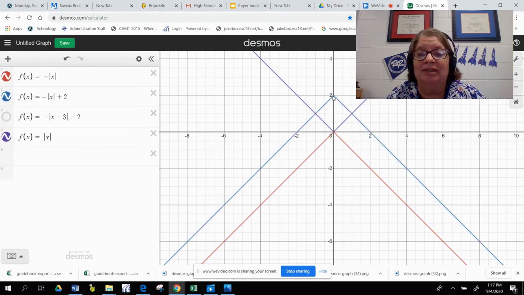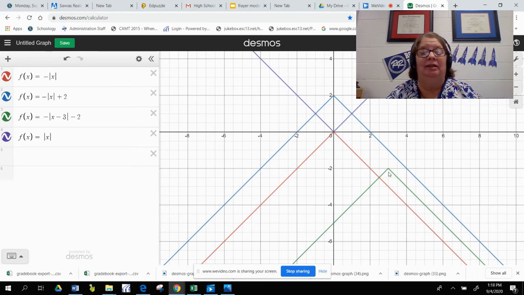There's the flip. Notice it's upside down, but the vertex instead of 0, 0 has been moved up to 2. This one has a negative. It's going to flip it, 3 to the right, down 2. Am I right? Boom. Here it's green. Flip it. Right 3, down 2. We're looking at that vertex to see where it moved.